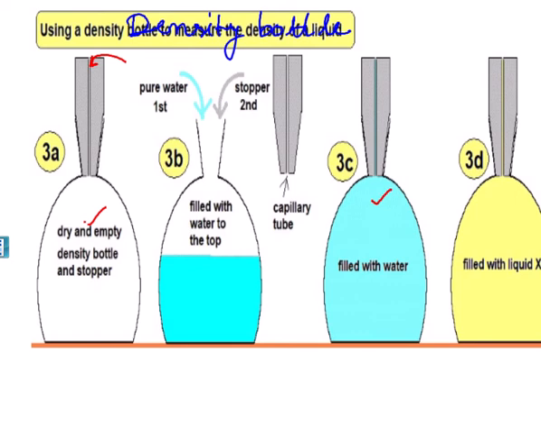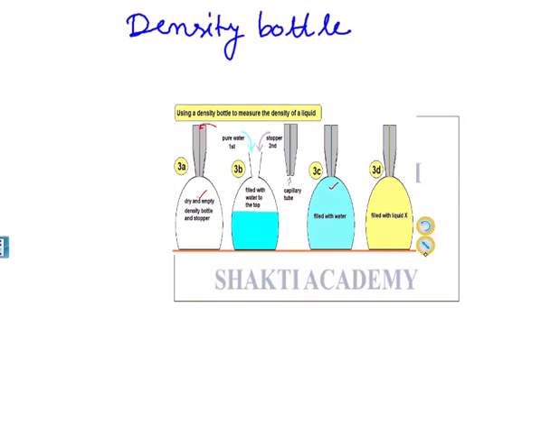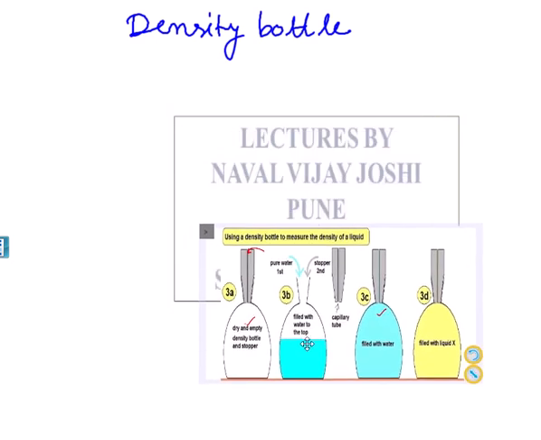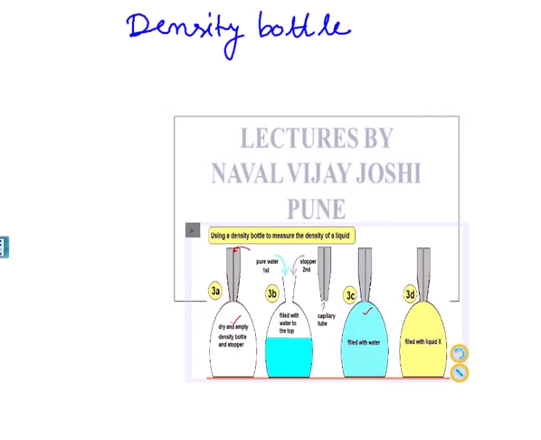Now, before filling it with water, we must find out the mass of this empty density bottle along with its stopper. So, first of all we would find out the mass of this empty density bottle and its stopper.